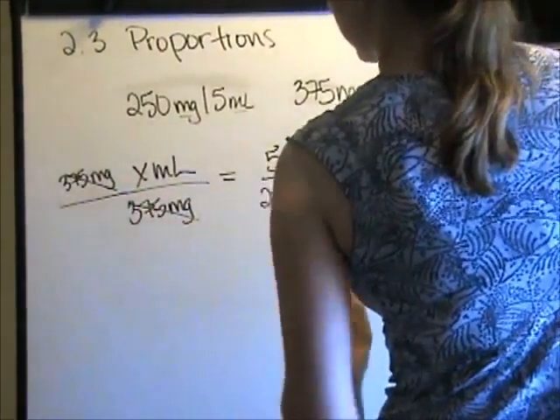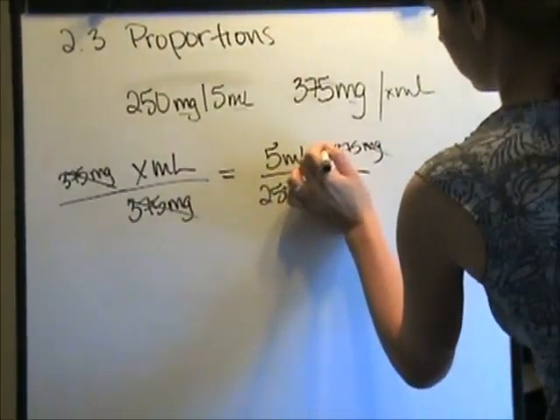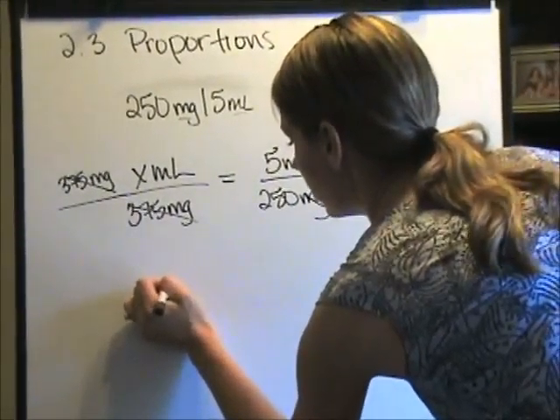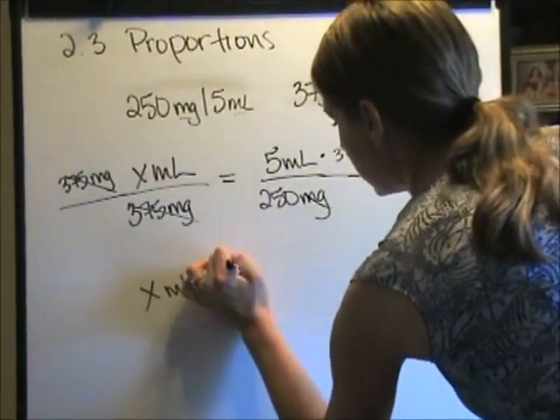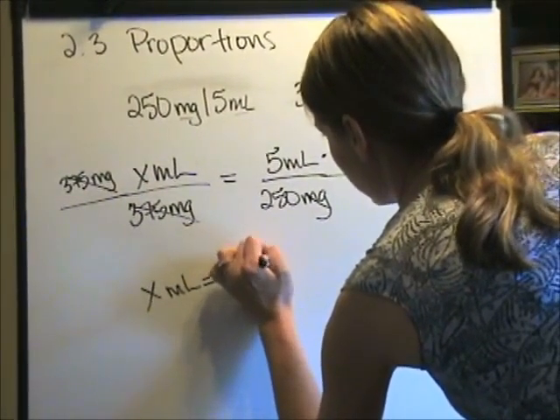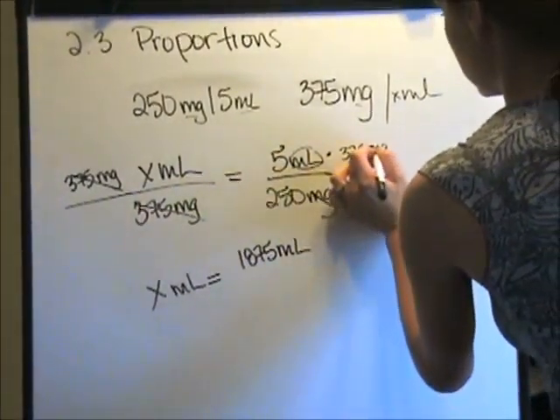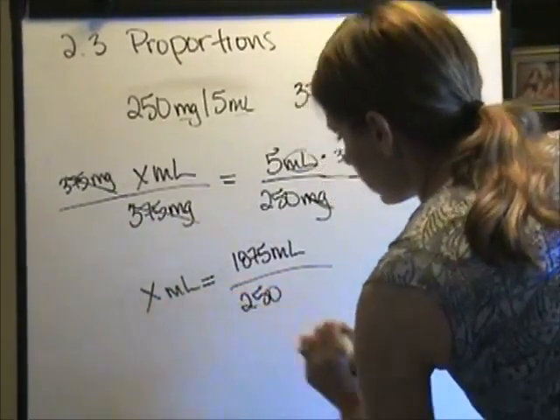This is going to cancel out the milligrams, and then we're going to multiply by that. If we rewrite it, 5 times 375 is 1875, and we have milliliters because that's the only unit of measurement left. This canceled out and this canceled out, so now we have over 250.